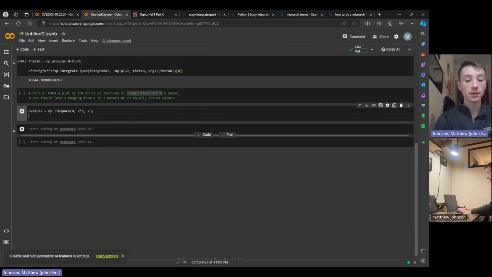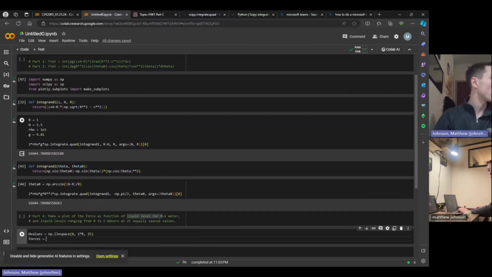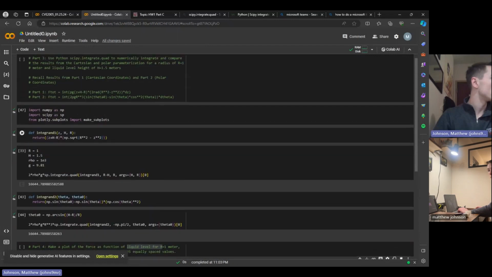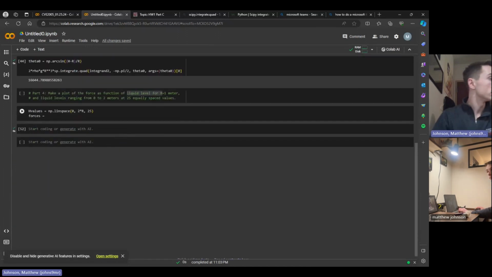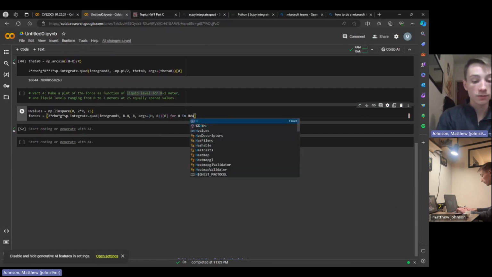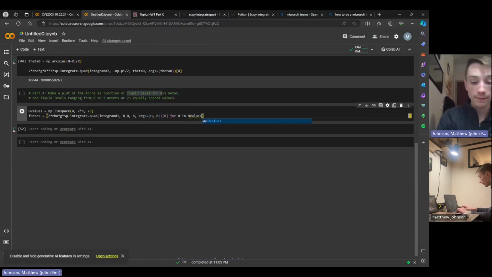And then we also need our corresponding forces. We already have our forces. Let's use our one from part 1. I'm just going to copy and paste this, but it'll be our forces for h in h values.